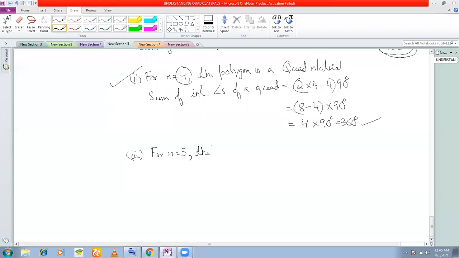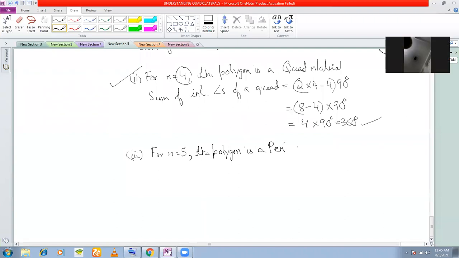For n is equal to 5, the polygon is a pentagon. Sum of interior angles of a pentagon. In the formula, you put n is equal to 5.